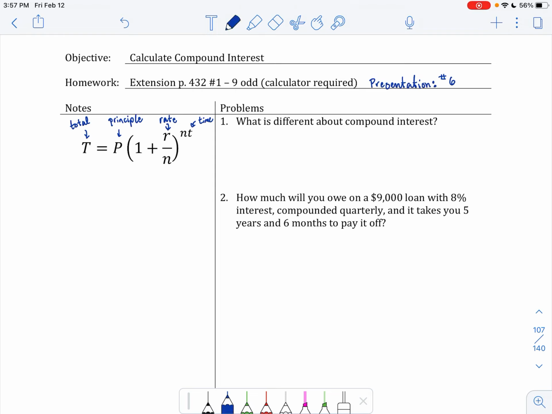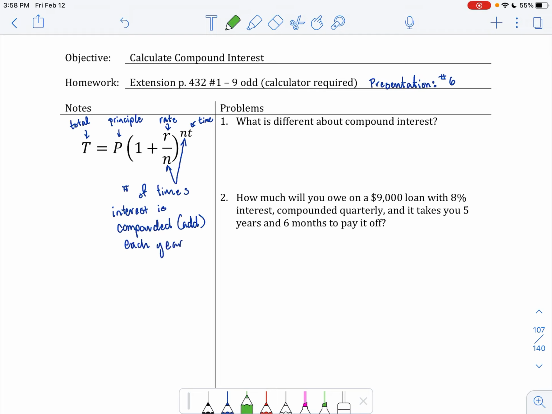So let's talk about this new variable, n, and it shows up twice here. This is the number of times that the interest is compounded, and what that just means is added to your total each year.